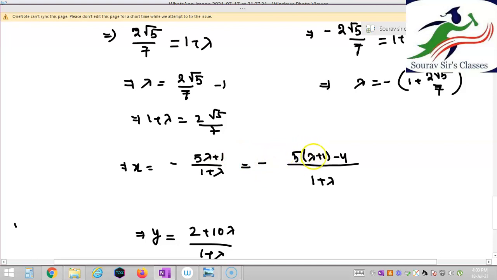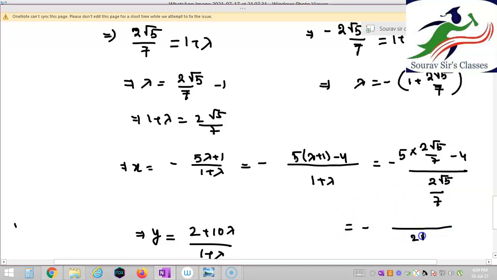So now we are going to put the value of 1 plus lambda, so that would be minus 5 into the lambda value, which is 2 root 5 by 7, minus 4 by 2 root 5 by 7.